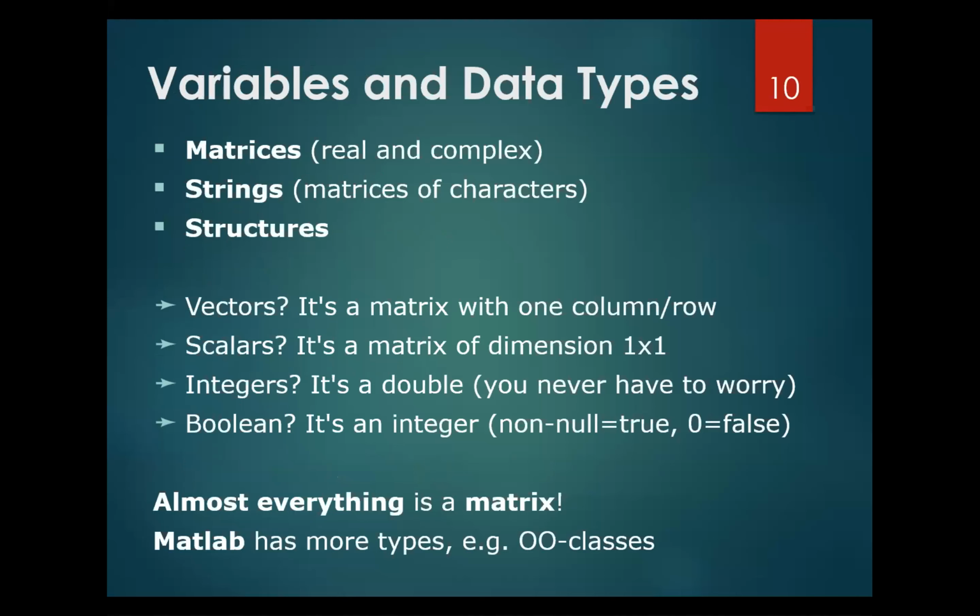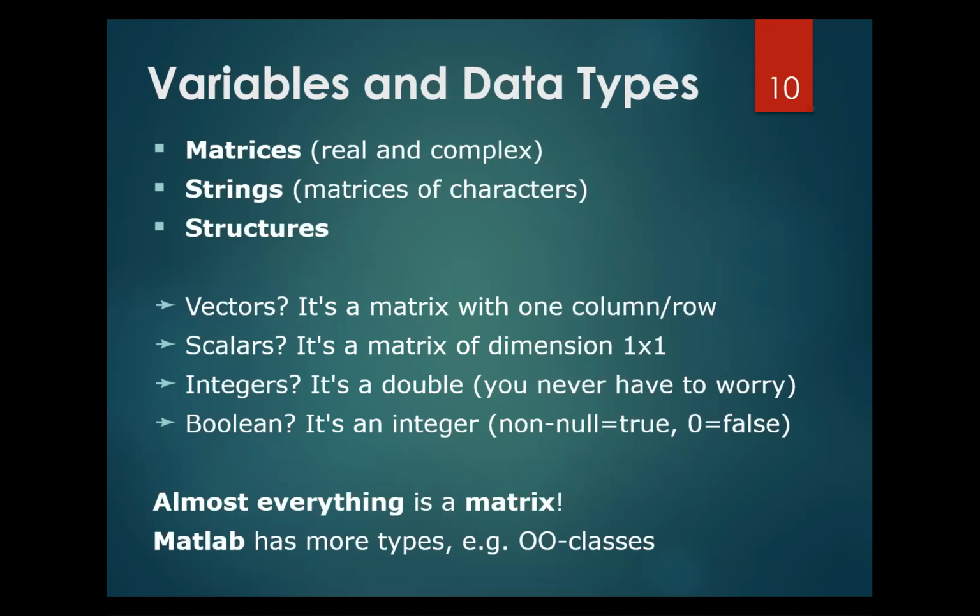Now, one thing about Octave and Matlab is that everything, or almost everything, is represented by a matrix. That is why, if I ask you right now what is Matlab, most of you will say mathematics laboratory, but that is wrong. The full meaning of Matlab is matrix laboratory.